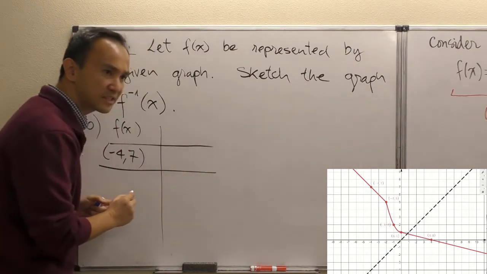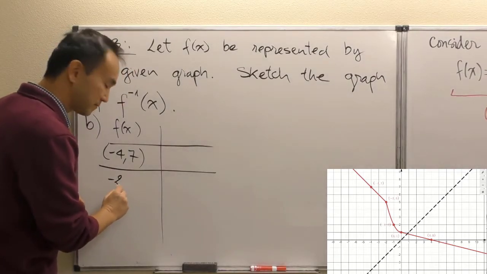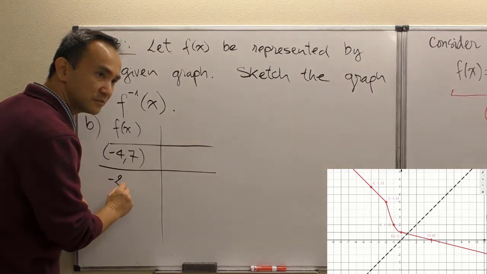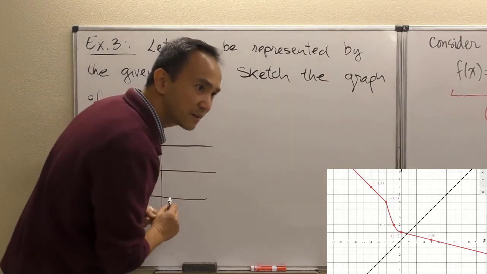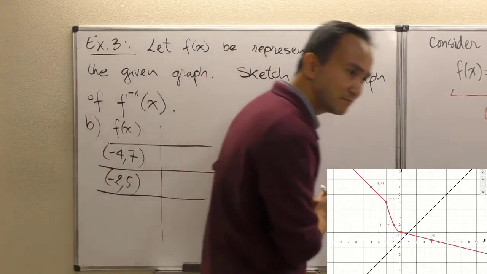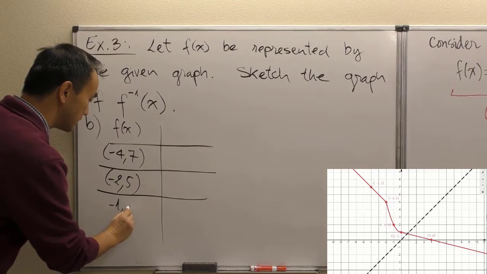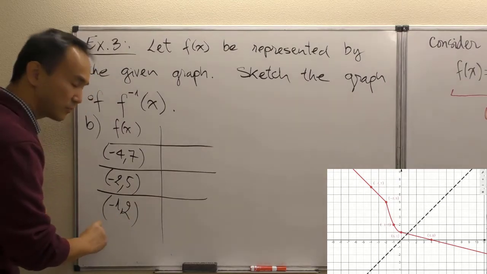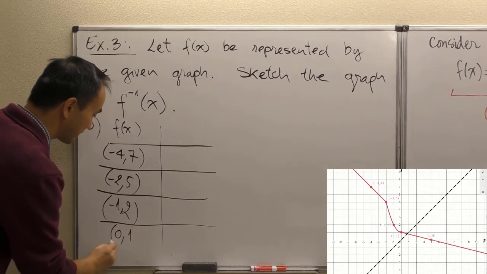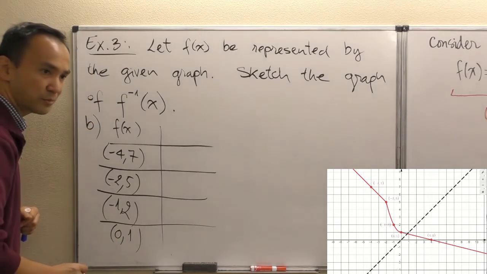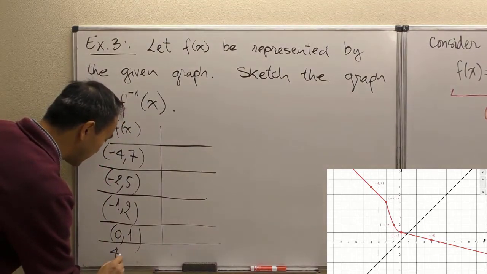Then the next point I see is -2, and that's 5. And we have another one at -1, 2. All right, we have another one at 0, 1. All right, and then one more point we're having at 4, 0.